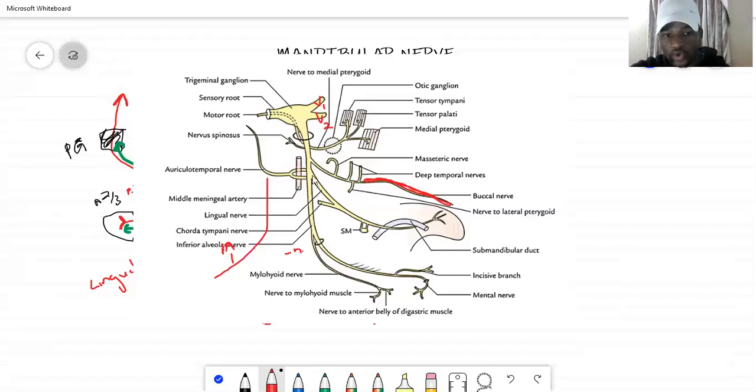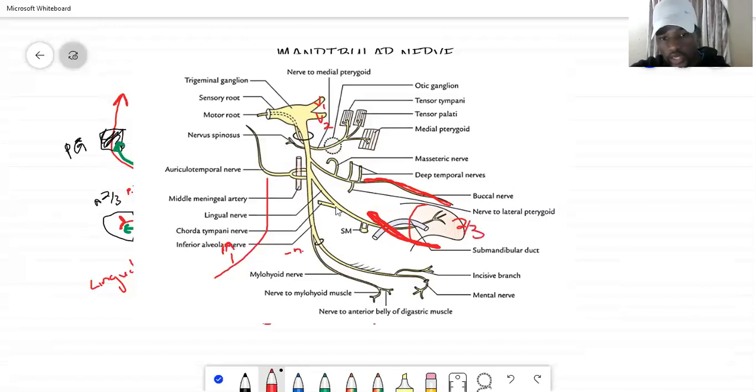So you will have your lingual nerve. Your lingual nerve, remember, it is sensory. You have your lingual nerve, which will be joined by your chorda tympani, which is the branch of facial nerve number 7. So remember that they will go to the anterior 2/3 of the tongue.